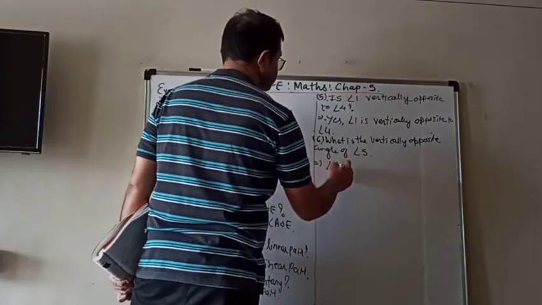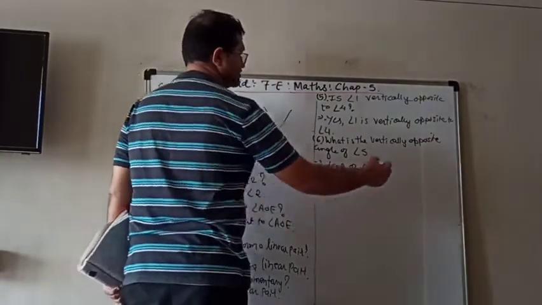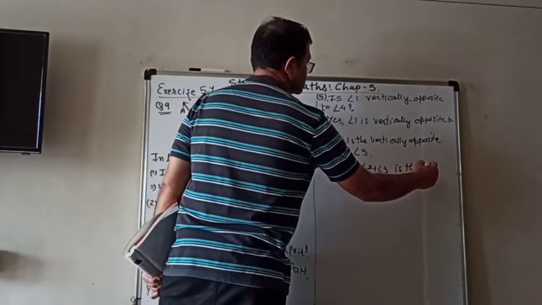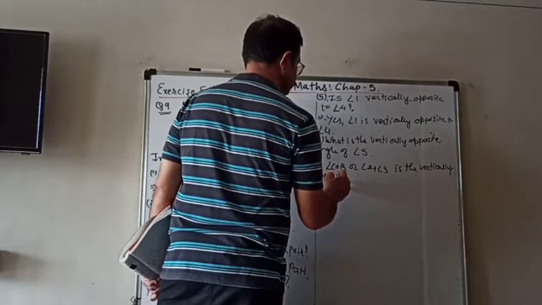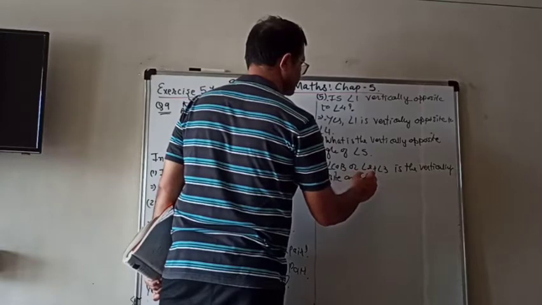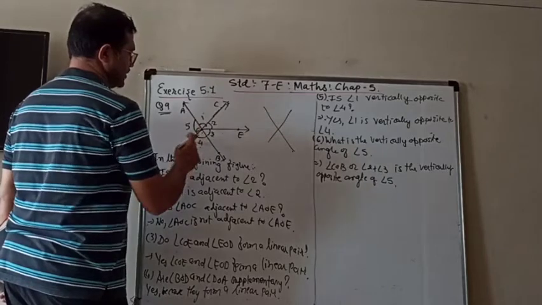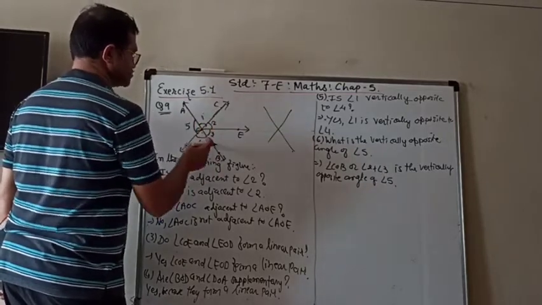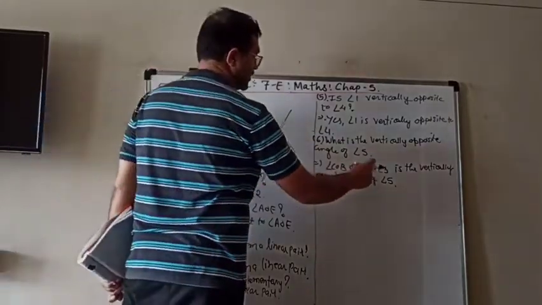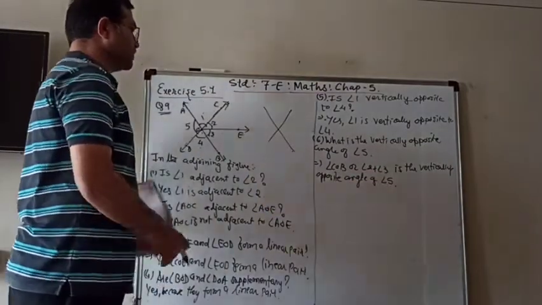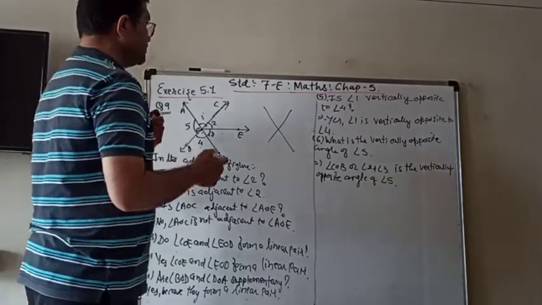So angle COB, or angle 2 plus angle 3, is the vertically opposite angle of angle 5, because angle 5 is this one whole thing. Now question number 10.